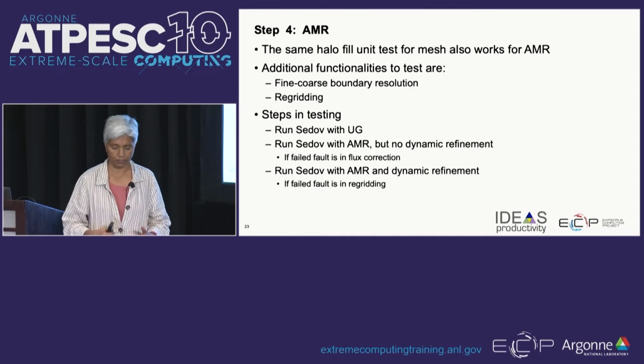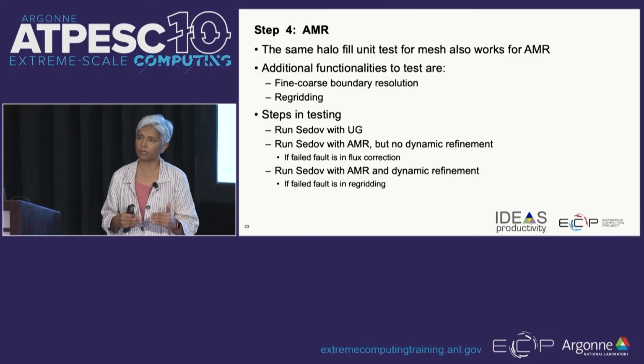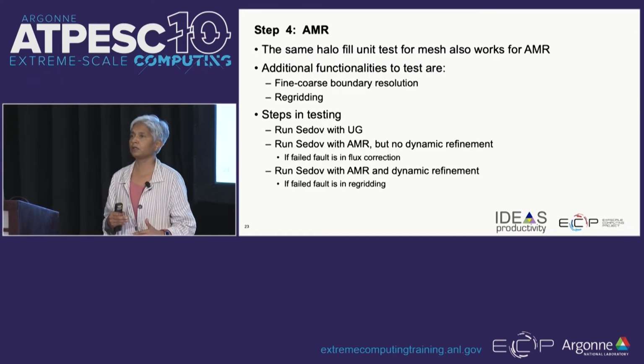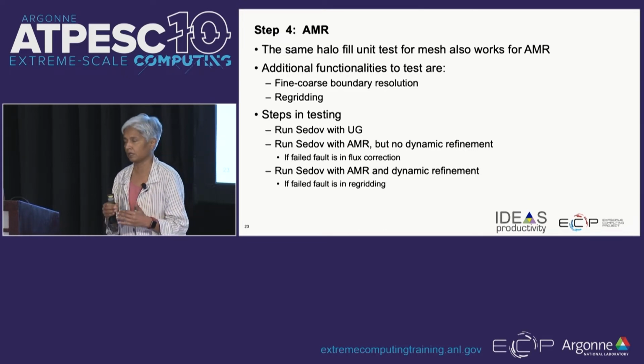So, now what we do is we run the following tests. We run the unit tests for equation of state and grid, and then we run the hydrodynamics with uniform grid. Then we run the hydrodynamics with adaptive mesh refinement, but regridding turned off. And then we run full hydrodynamics with full AMR and even the regridding turned on.